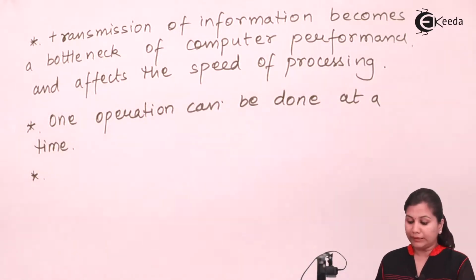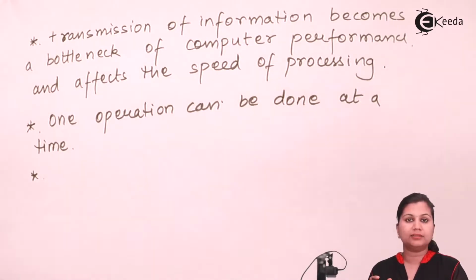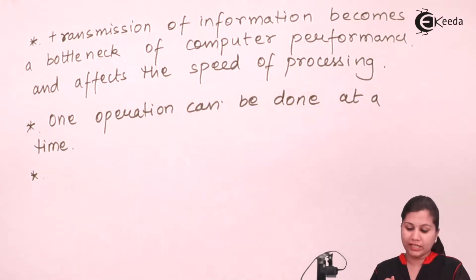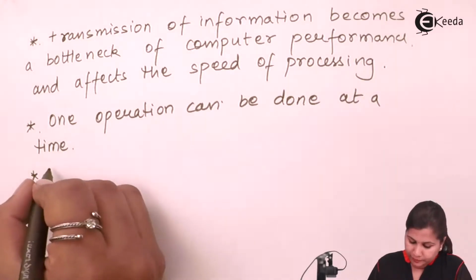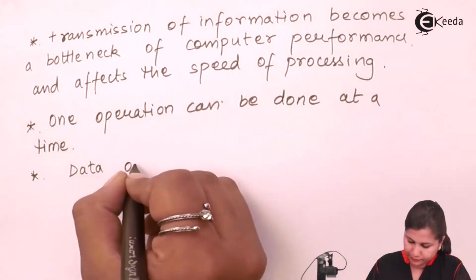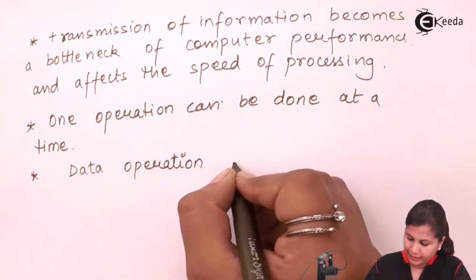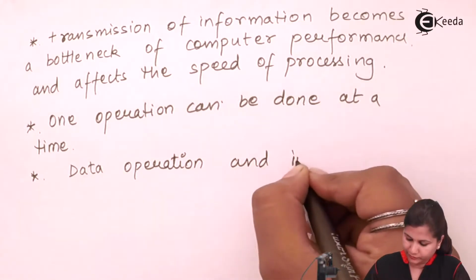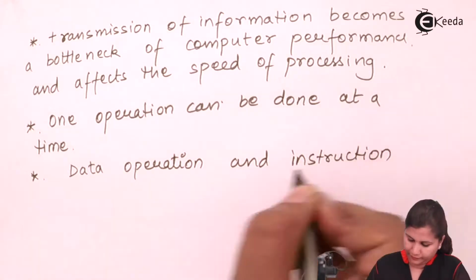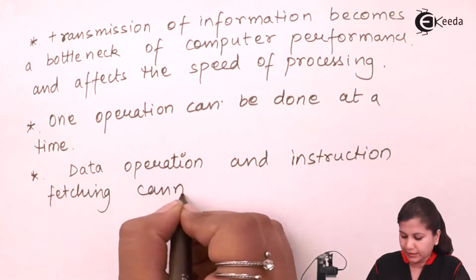At one time only one operation will be performed, meaning either the instruction will be fetched from the memory or data will be fetched from the memory. So we can say that data operations and instruction fetching cannot be done at the same time.